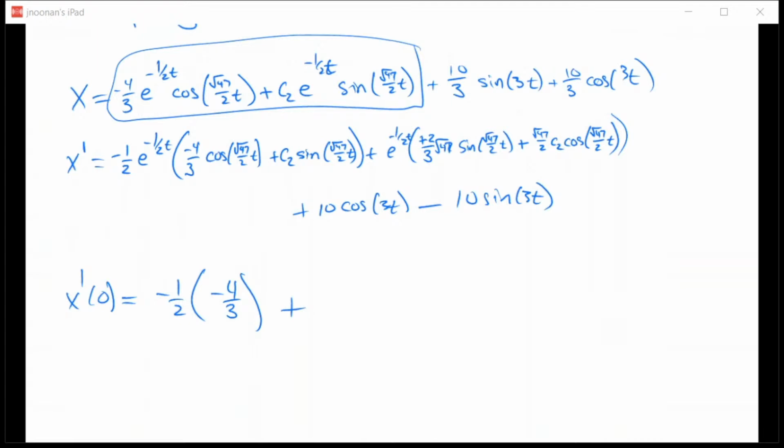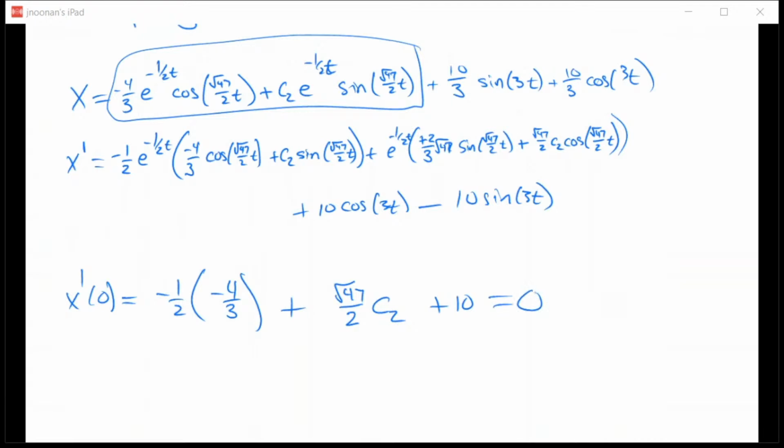We're doing the cosine, which is the one that's non-zero. So plus radical 47 over 2 times C2 plus 10. Okay, so this all has to equal 0.